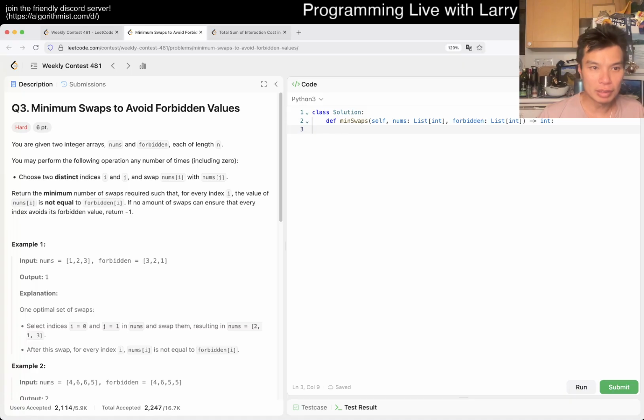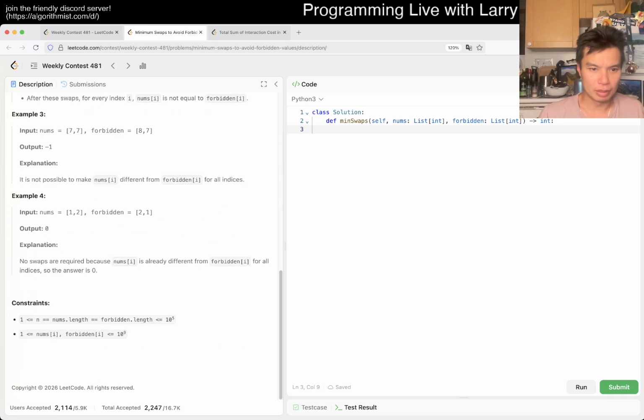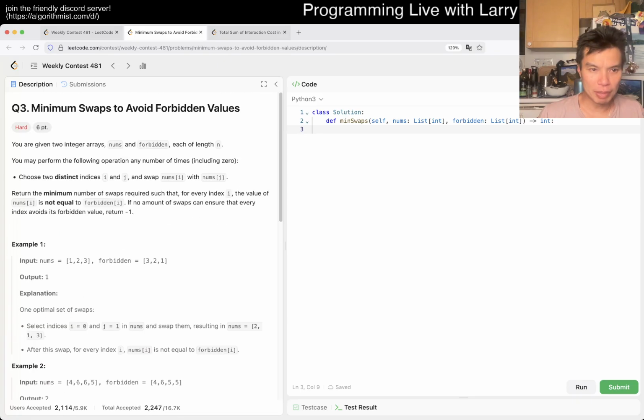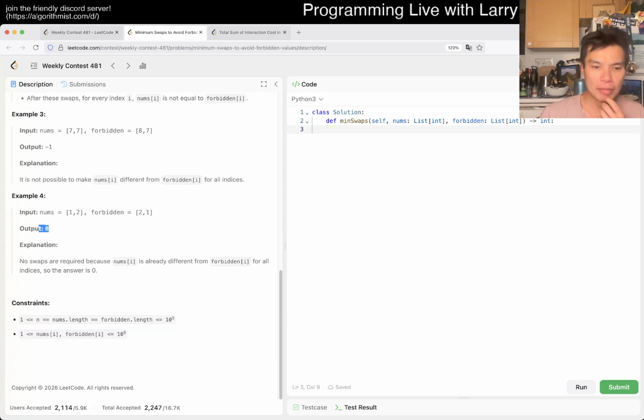Nums and forbidden. Choose two, swap i and j. Okay. I see. Almost like what's it called? Derangement. But so we have to minimize number of swaps. I mean, this is probably gonna be a cycle length thing, right?